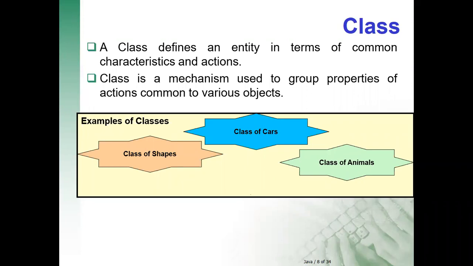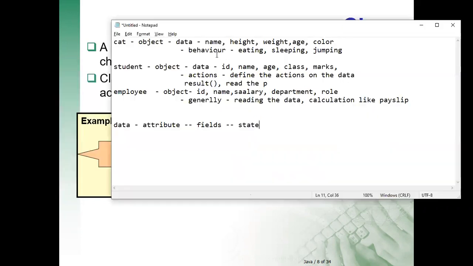Now when I talk about these classes, let us say that you have different objects. For example, I'm having objects like cat, rat, bat, and let me use one more, a bigger animal, elephant.